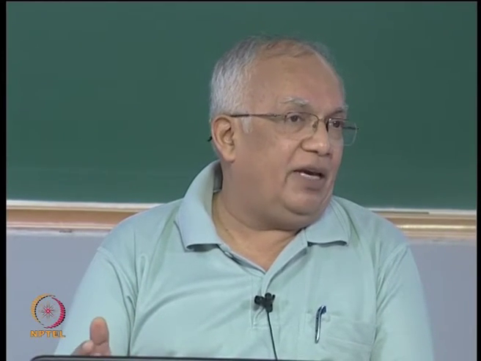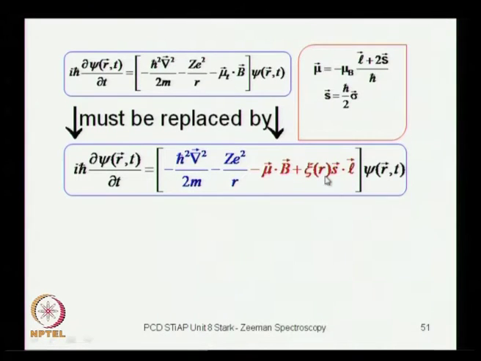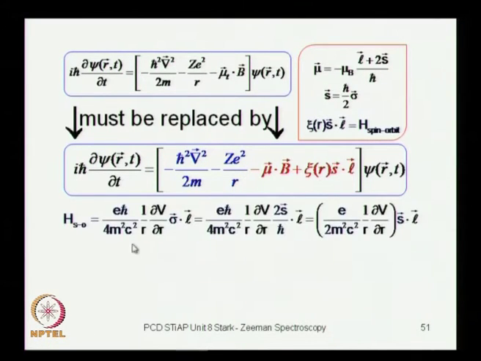So, all consequences of the electron spin now have to be taken into account, because you cannot do it piecewise. So, the moment you include the electron spin, you must also include the spin orbit interaction, and we had the explicit form of this from the Foldy-Wouthuysen transformations. This form becomes manifest.